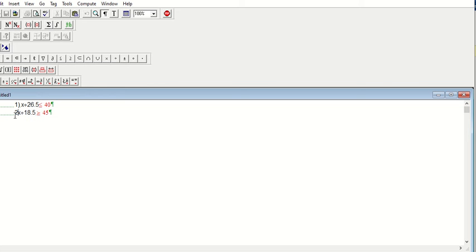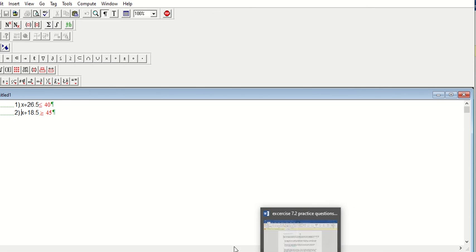How will we find the solution? In one step, easily. We can take this 18.5 to the other side of the inequality, 45 minus 18.5, and we can find our answer easily. This is up to you. If you know the subtraction 45 minus 18.5, it's very easy for you.